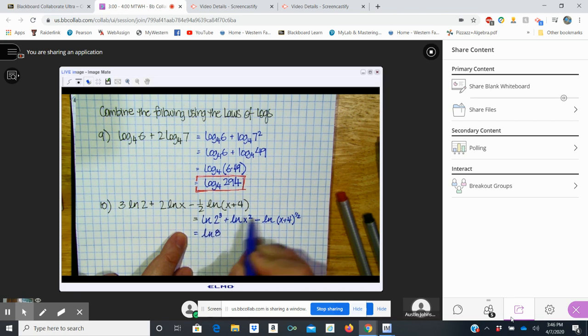This is going to be an ln 8 plus an ln x squared minus ln square root of x plus 4.